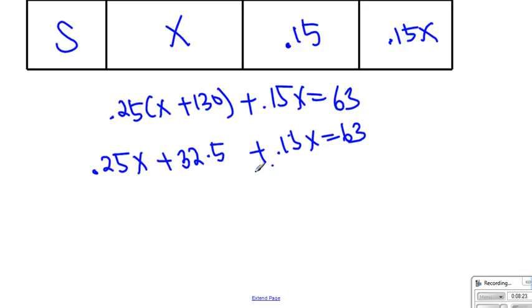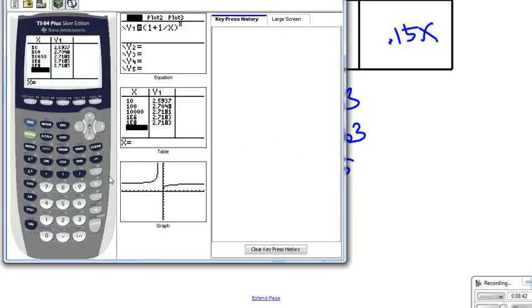Now once you add them up together, we have 0.4x becomes 40.5. So how are we going to calculate? All we have to do is simply divide. So here we have 40.5 divided by 0.4.